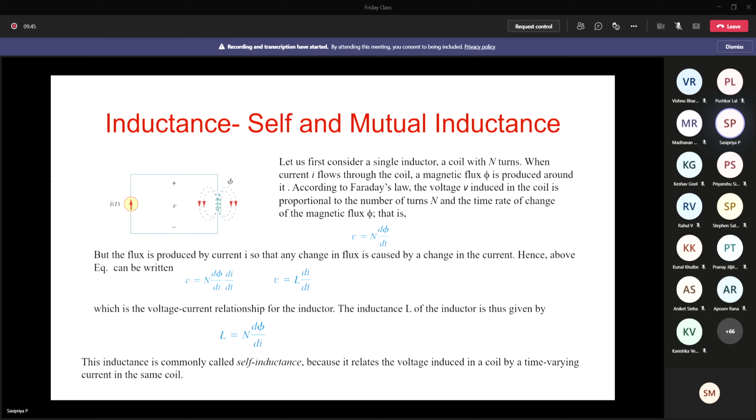Let us consider the number of turns of this inductor is N. Due to the flow of current, there is going to be a magnetic field, and then magnetic flux is also produced.